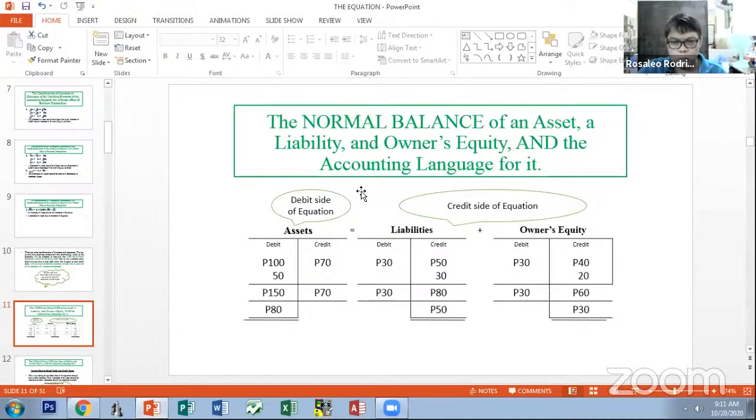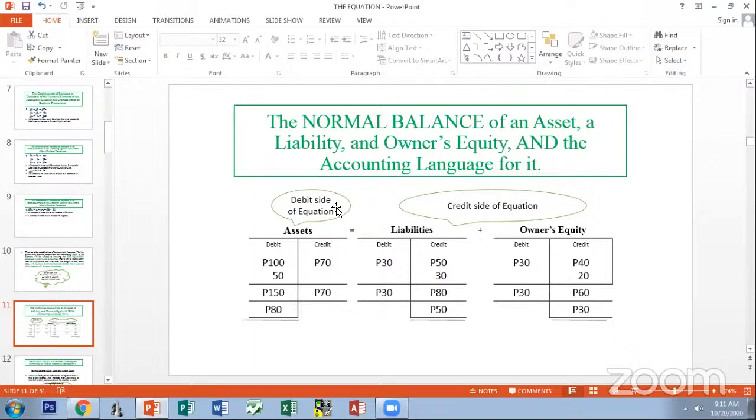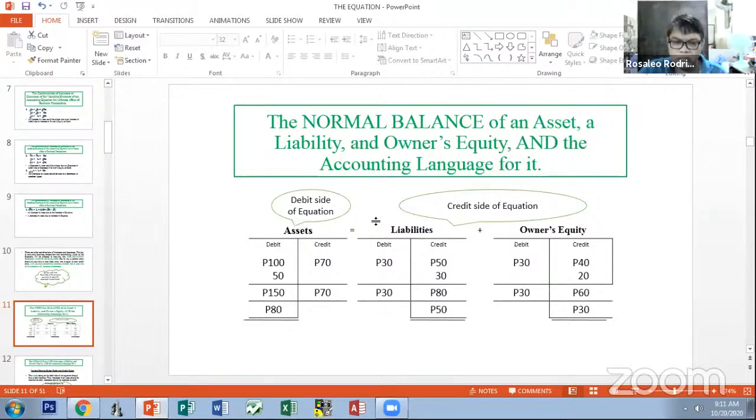In the process of processing that transaction, a transaction provides data. This data coming from transactions must be transformed into summarized accounting information. And the summary tool being used by the accounting profession are this debit and credit.